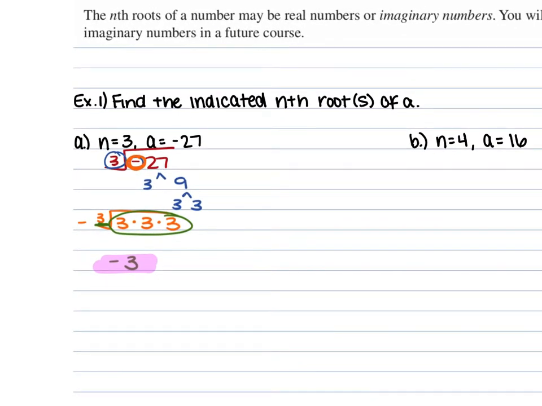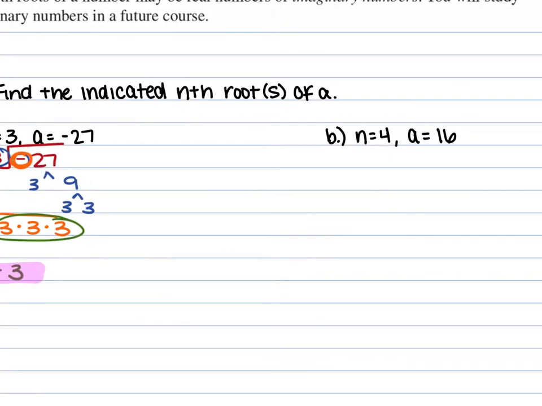For example B, you have an n of 4 and an a of 16. This just means you're taking the fourth root of 16. So the first thing I'm going to do, my number underneath is the 16. My index is the 4. When I find the prime factorization of that 16, I'm going to need 4 of the same numbers in order to pull one of those numbers out to get rid of that radical.